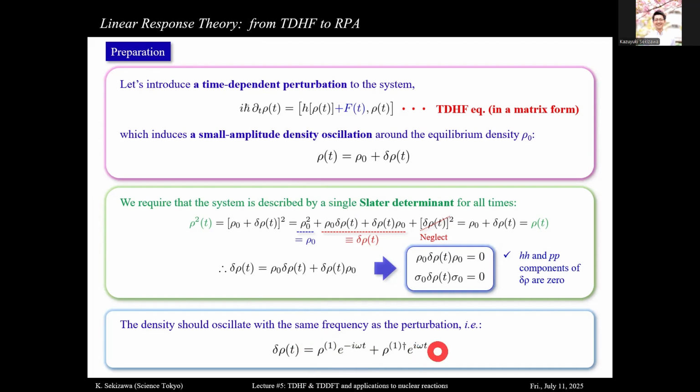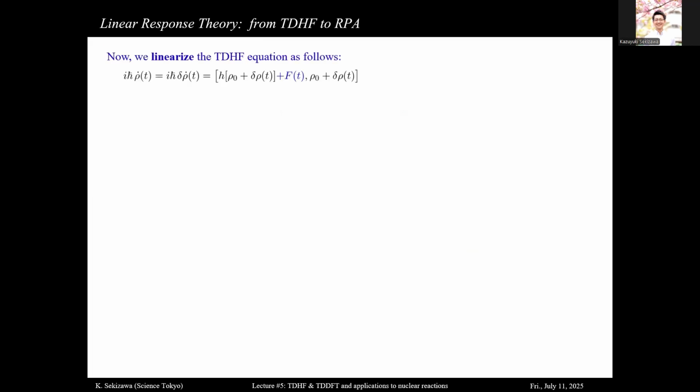But anyway, we assume that delta rho can be written in this way. And this omega t is the corresponding frequency of the external perturbation. So those are just a preparation to derive the RPA equation from the TDHF.